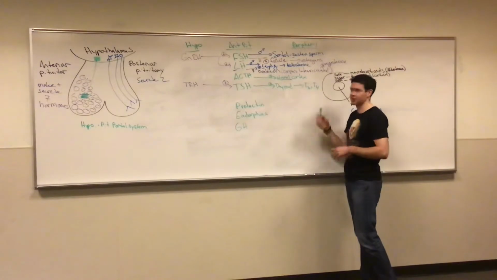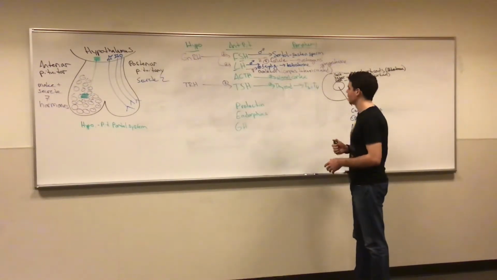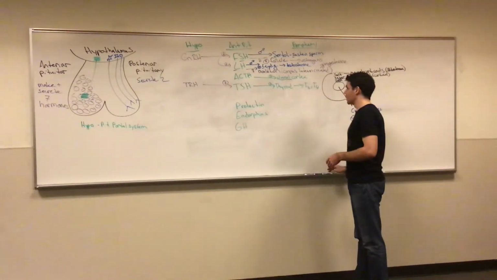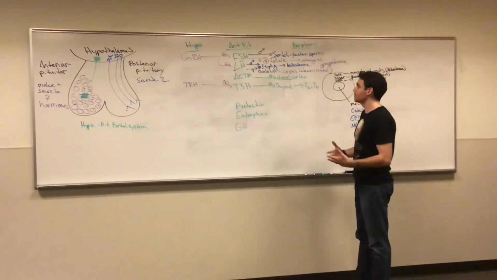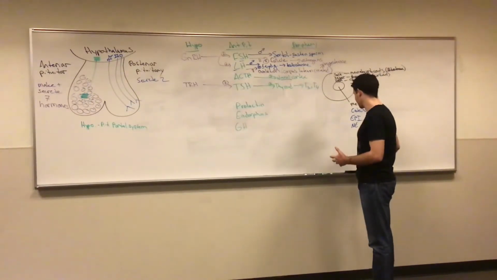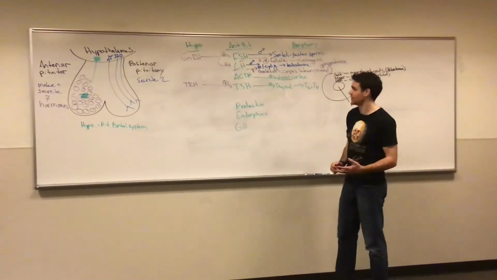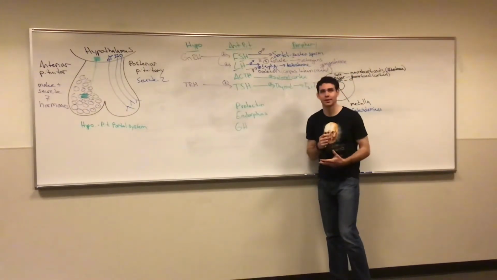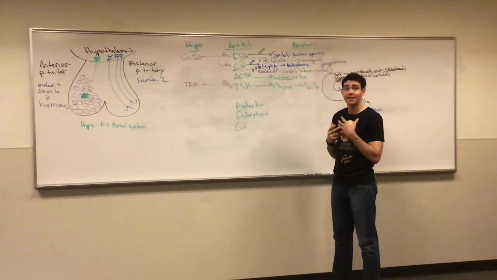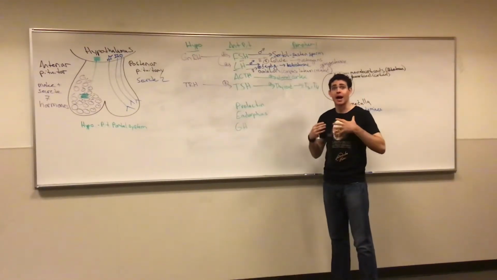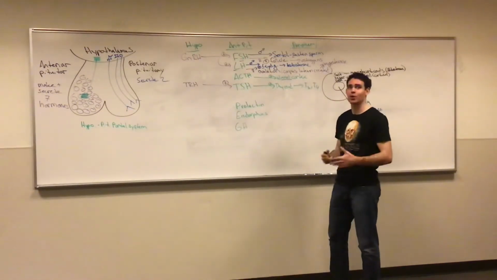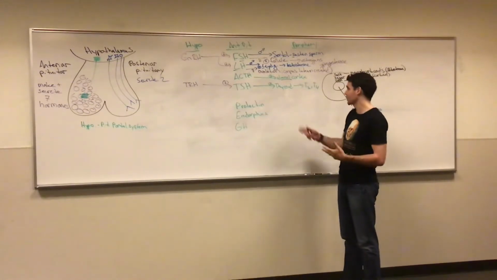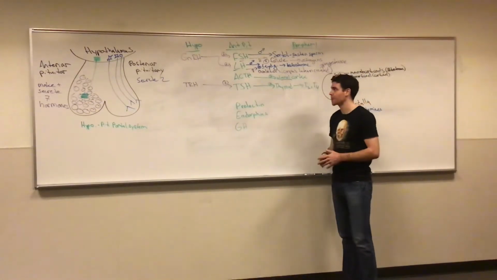I think T3 is the one that's active, but both get released. So that's relatively simple. Now, what happens with the thyroid in humans is our immune system likes to attack our thyroid, right? So our own immune system will attack our thyroid, and we'll get hypothyroid, Hashimoto's thyroiditis, so low thyroid hormone.